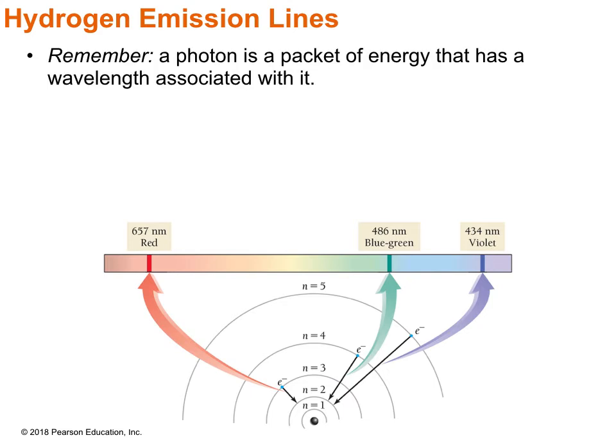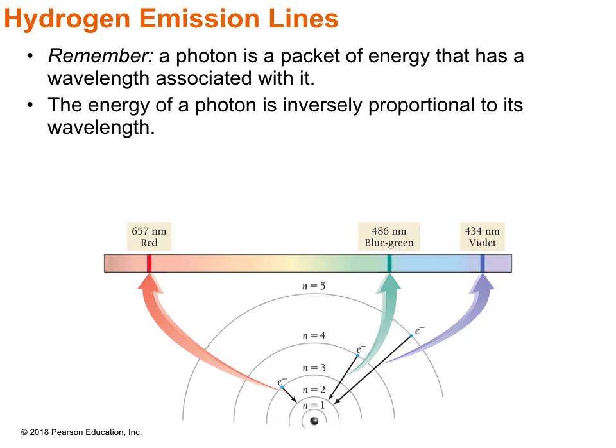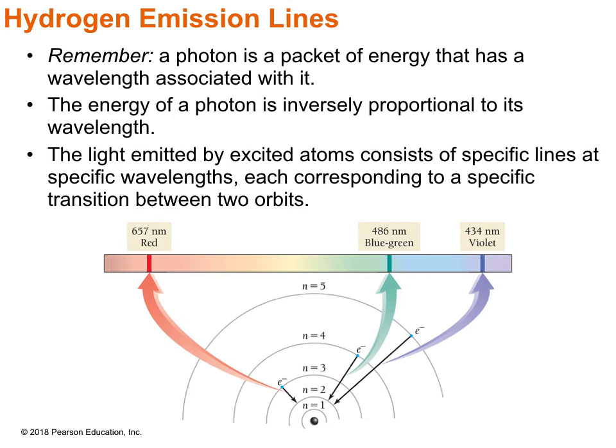So remember, a photon is a packet of energy that has a wavelength associated with it. The energy of a photon is inversely proportional to its wavelength, and the light emitted by excited atoms consists of specific lines at specific wavelengths, each corresponding to a specific transition between 2 orbits.